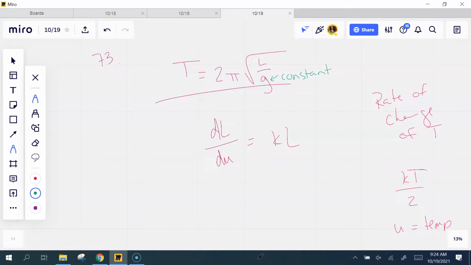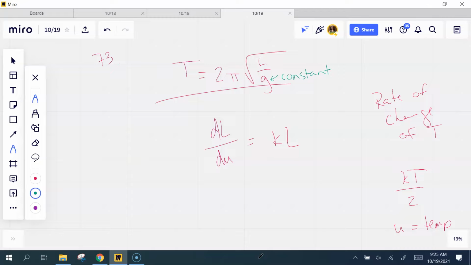This is a constant. So we have two variables. The derivative of that would be 0, right? So here's what I'm going to do.